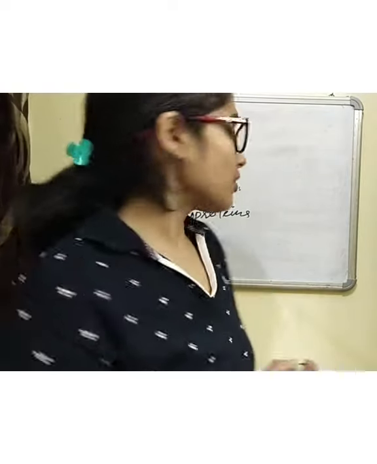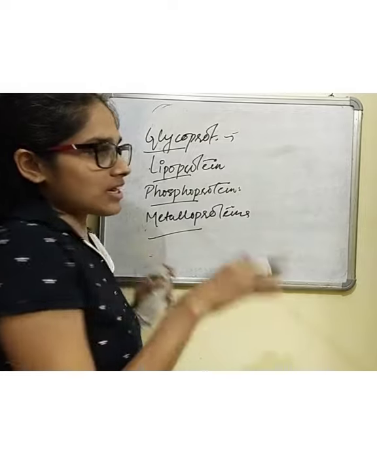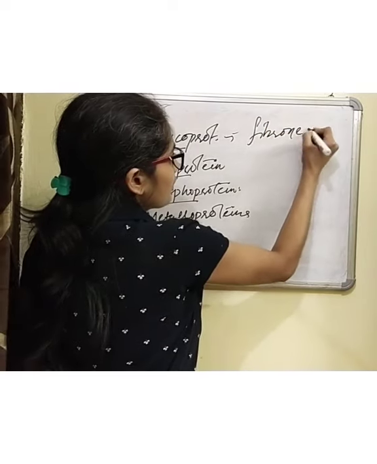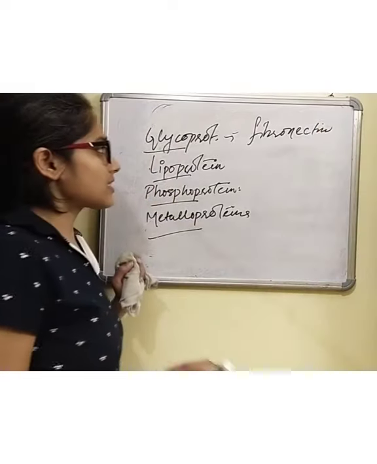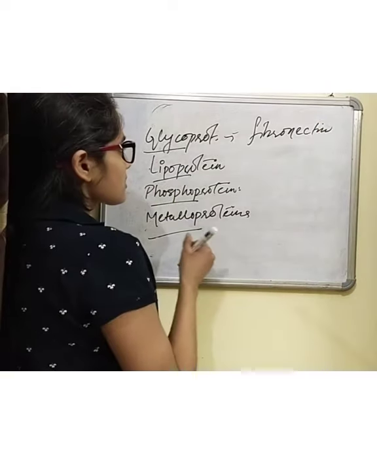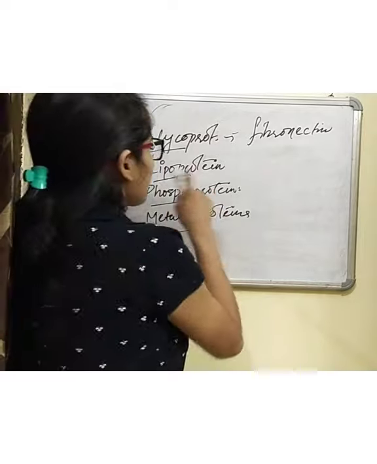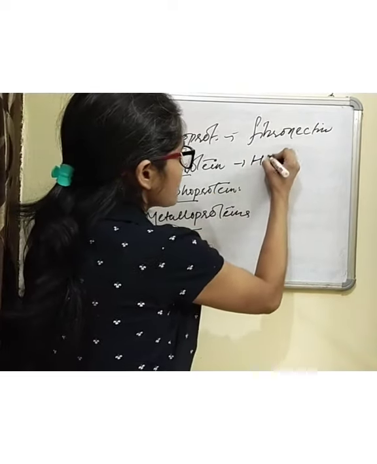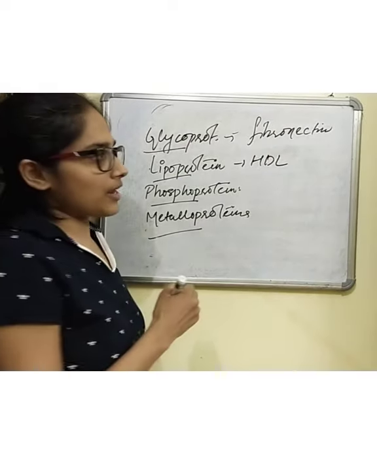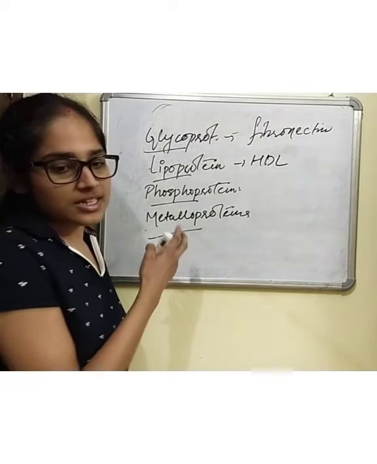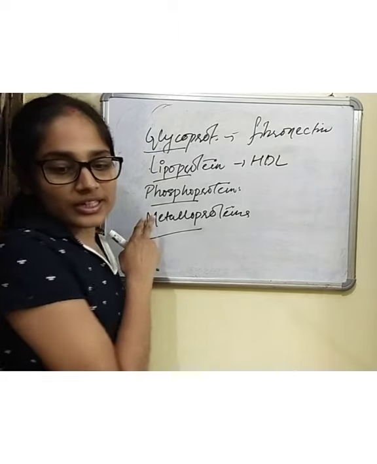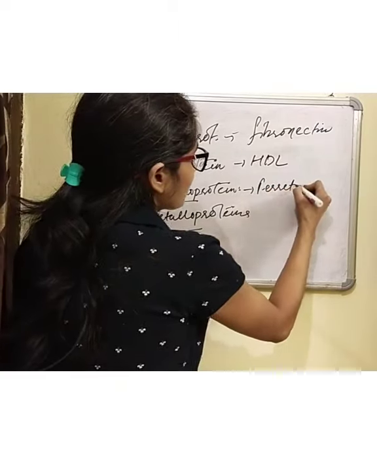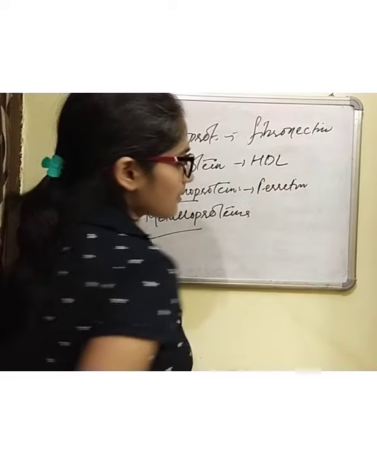Glycoproteins are generally present on the cell surface. For example, fibronectin is one example of glycoproteins. For lipoproteins, we have high density HDL or chylomicron, etc. For metalloproteins, we have ferritin, where the metal is iron.